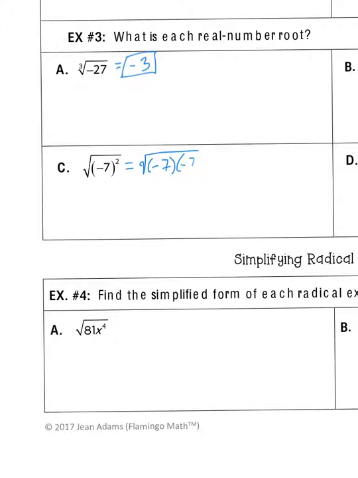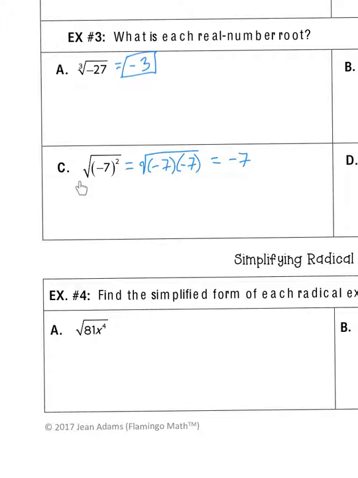This is saying negative 7 times negative 7. You've got negative 7 times itself twice, right? So I could see where you could argue that the answer is negative 7. Because you're like, well, what number times itself twice, because it's a square root, and I've got 2 negative 7s down here, you could argue that the answer is negative 7.